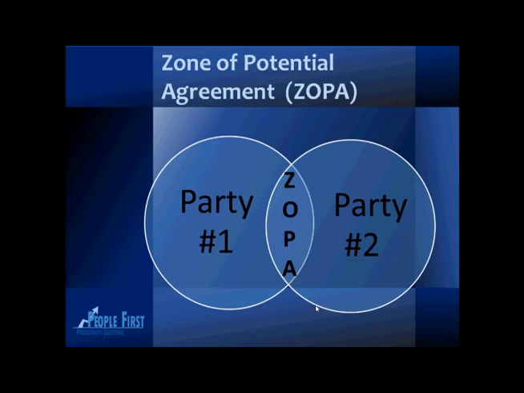It's all about creating value and looking for mutual wins. Obviously, the larger the ZOPA, the more likely it is that an agreement will be reached that both parties can feel good about.